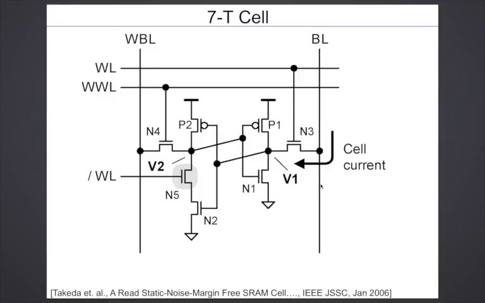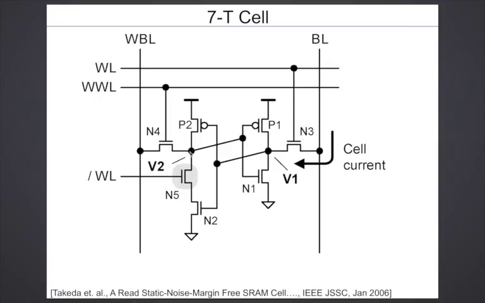So WL and WWL both go high, right? And what happens is that the node which is high gets pulled down to ground through the access transistor, and that's how the cell writes.